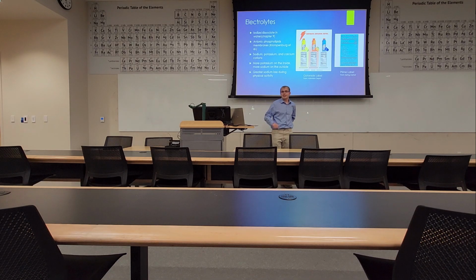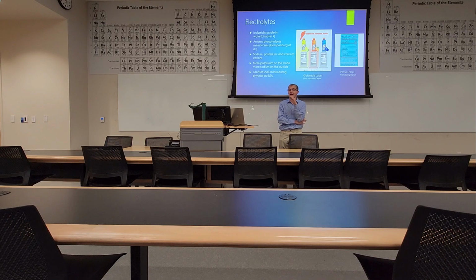All right, electrolytes. Electrolytes, as discussed in Chapter 9 of General Chemistry 1, are substances which completely ionize or dissociate in water or an aqueous solution. So major electrolytes in play in the nervous system are those phospholipids that I mentioned earlier.